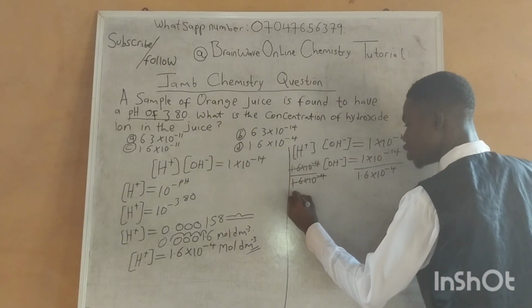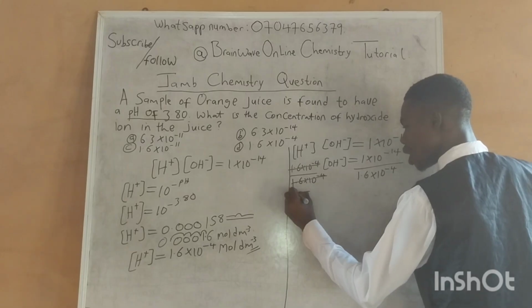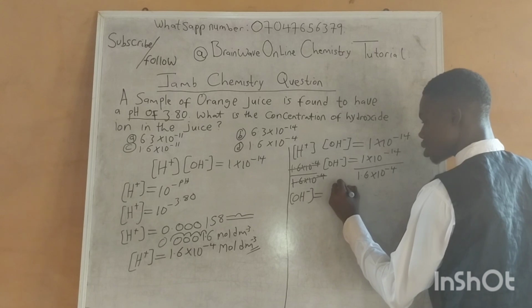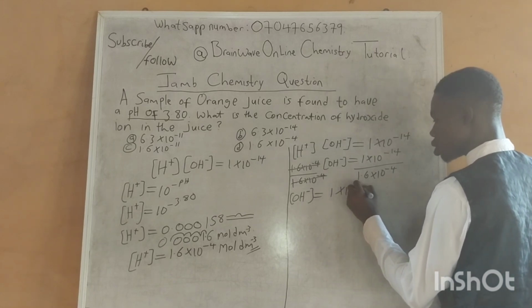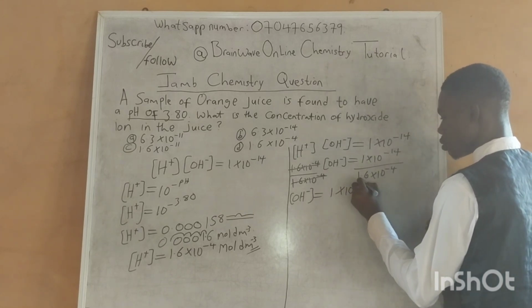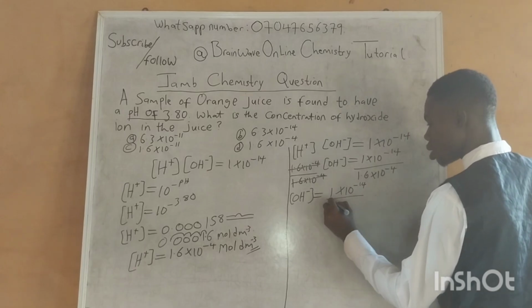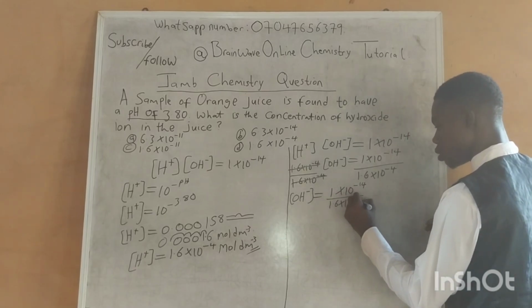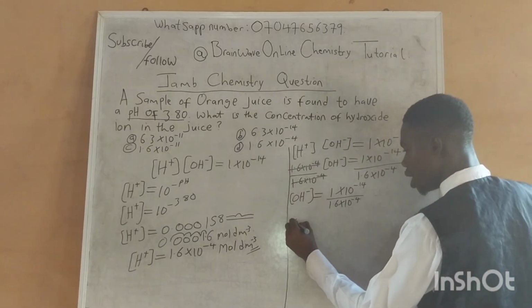So therefore, our hydroxide ion is equal to 1 times 10 raised to the power minus 14 over 1.6 times 10 raised to the power minus 4.